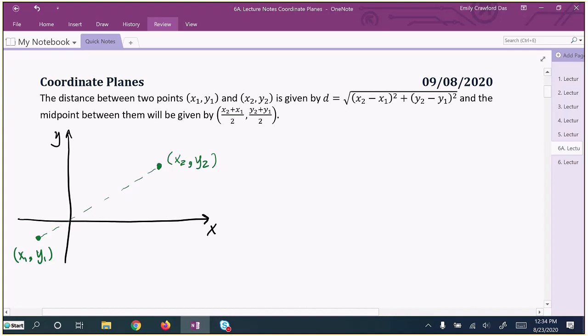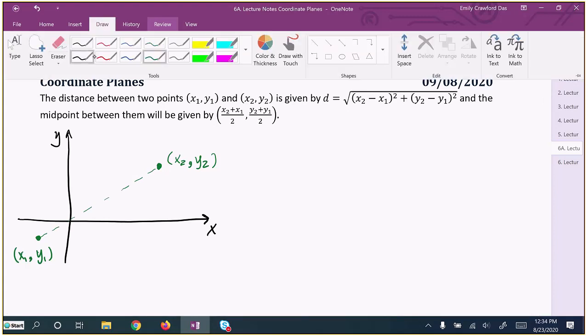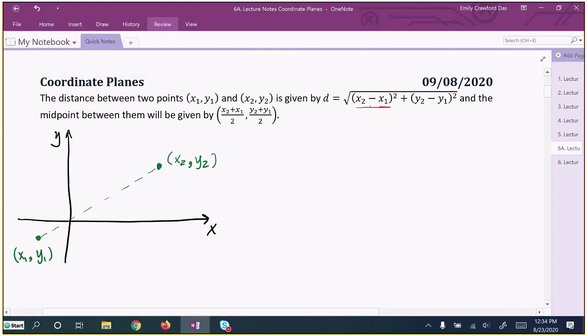If I want to find the distance between them, that would be this straight line distance. Then what the distance formula tells me is that I'll find the distance between their x coordinates. That's x2 minus x1. So that would be represented by this red line here. The distance is this horizontal distance. I'm going to take that distance and I'll square it.